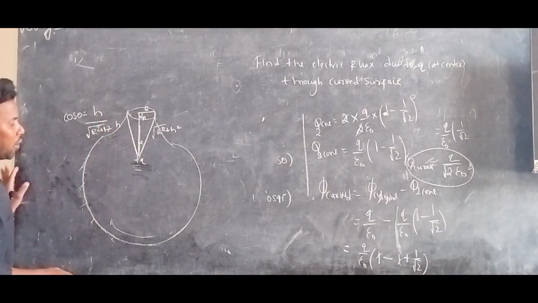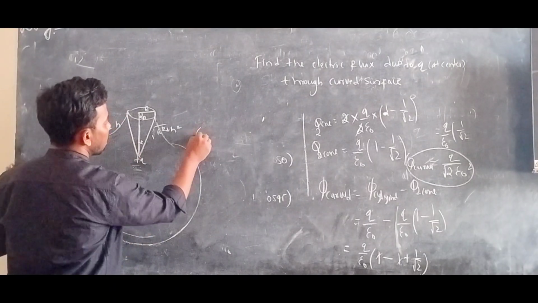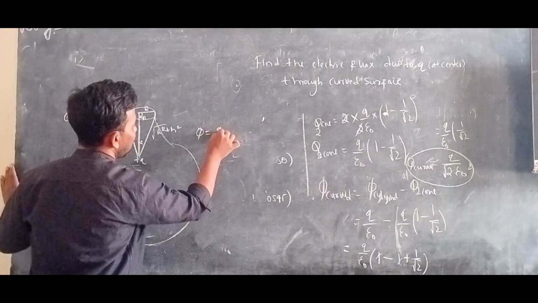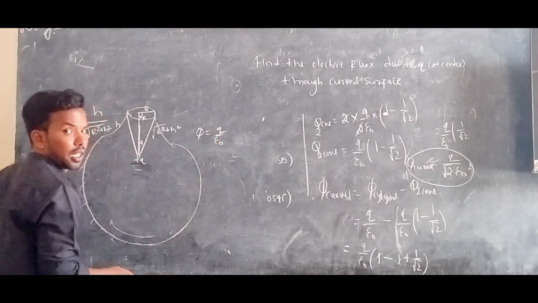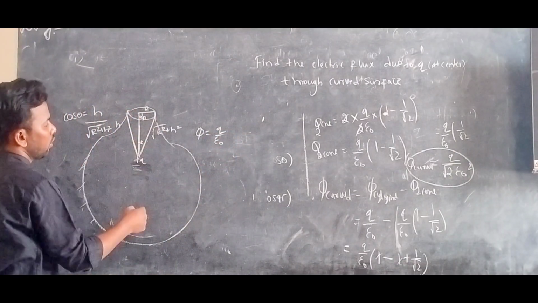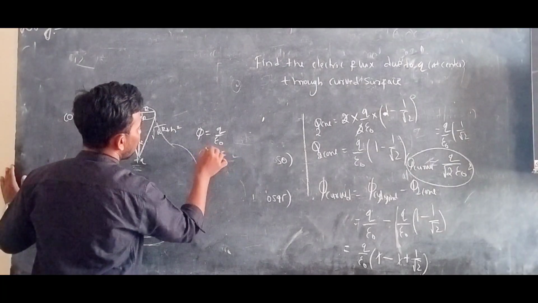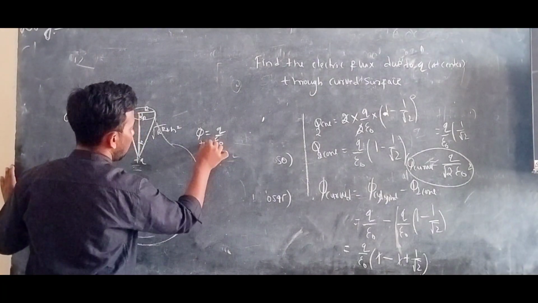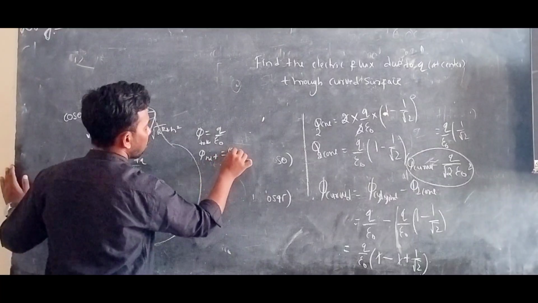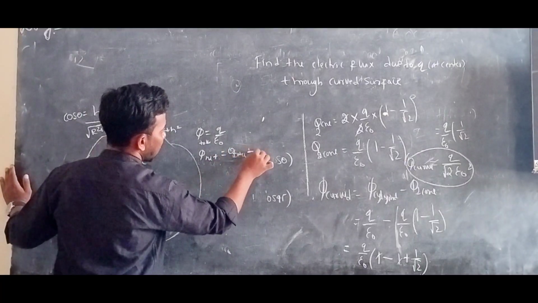The total electric flux is q by epsilon naught. The flux we need is the total minus the cone.